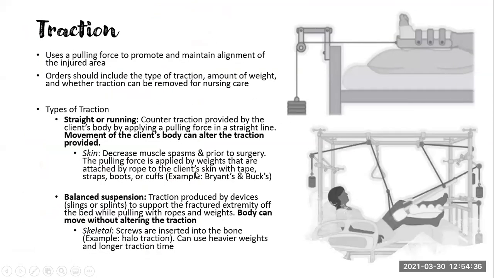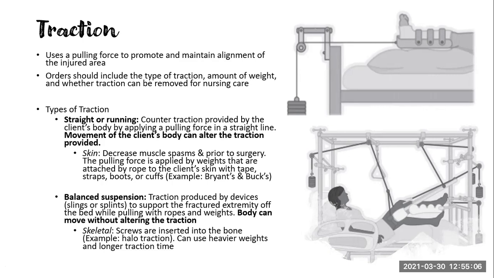Traction. Traction is using a pulling force to maintain alignment. This is for those displaced fractures, to help maintain alignment. The bone cannot heal if it's malaligned, or rather we don't want it to heal. They're going to have lots of complications. So there is straight or running traction. This is also known as skin traction.